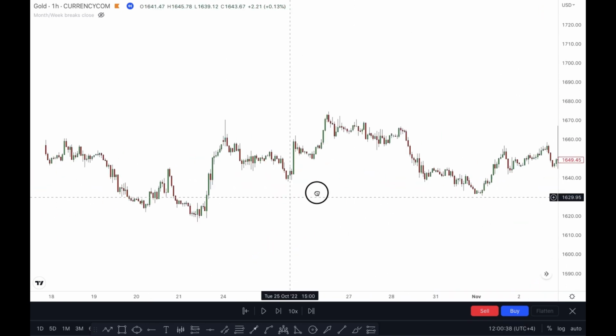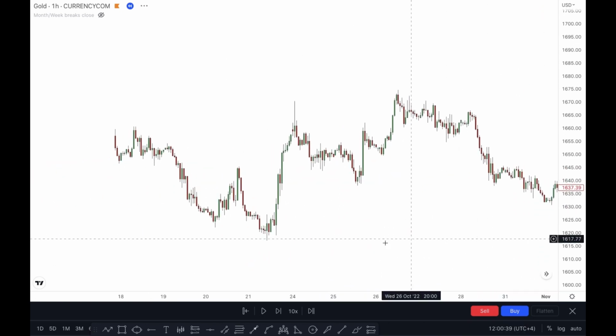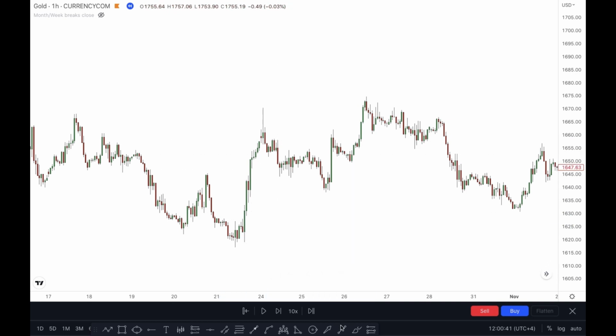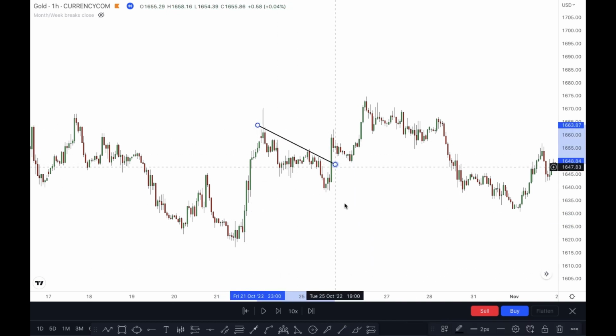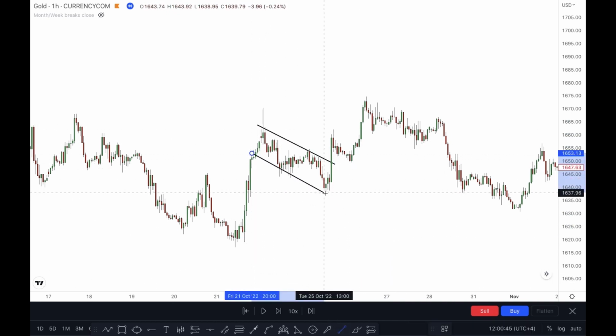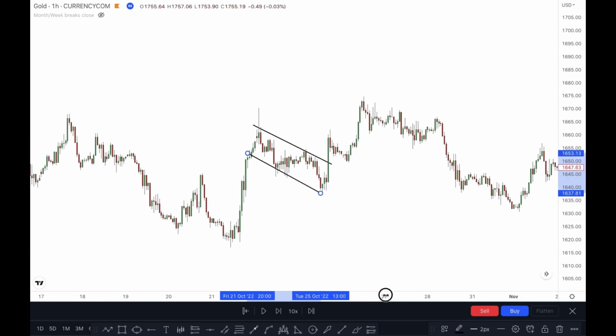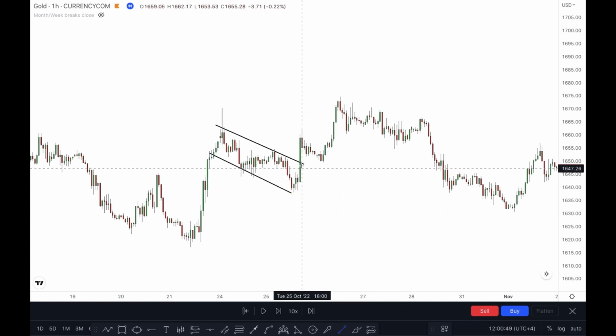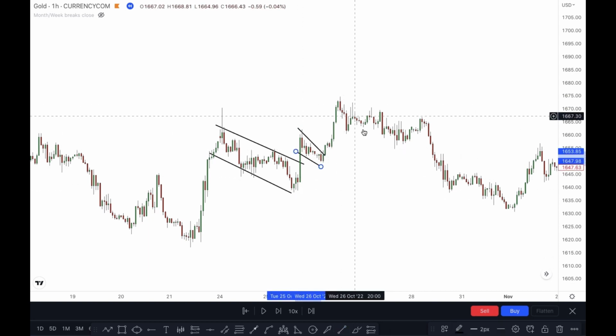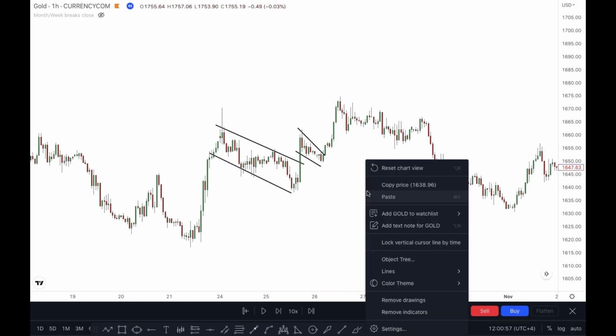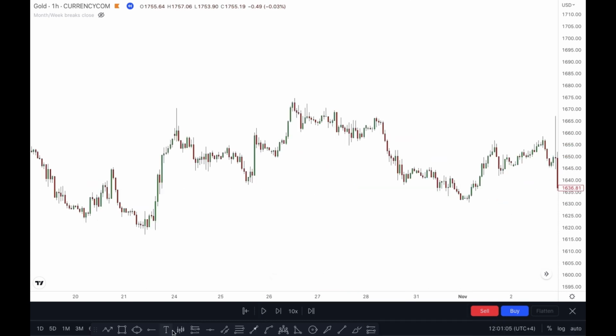If we scroll back, let's just take a look at this. You can see right here, this is also an impulsive move. Price just gave us a correction phase right here. And then what happened? It just broke to the upside. Even on the small scale, we have this impulsive move right here. We have this small correction and also an impulsive move, right? So you can see how the market keeps on repeating itself. So let me just copy this price action.